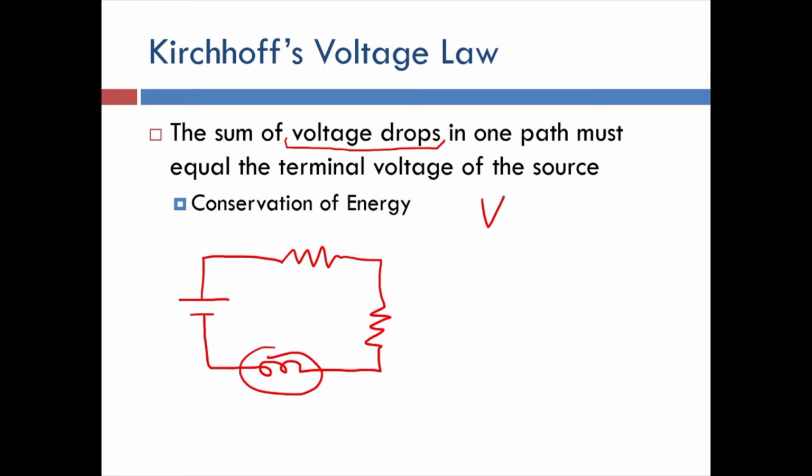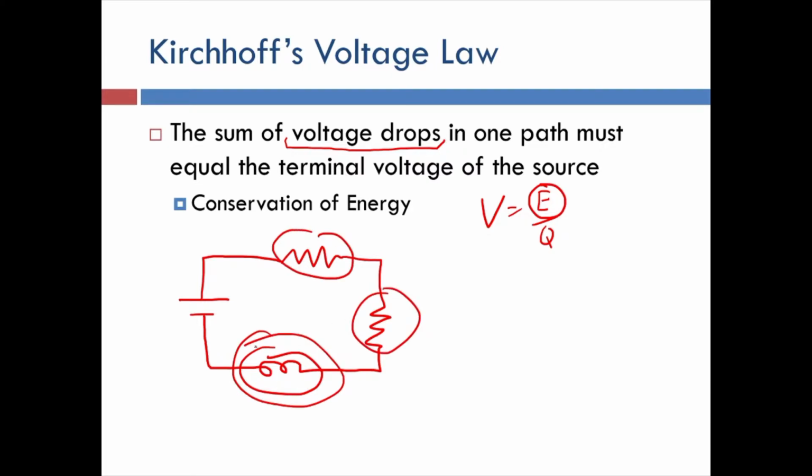So voltage being the amount of energy per charge, all of this energy has to be given to this component, and that component. Energy delivered at each component cannot exceed the amount of energy given by the power supply. So in reality, Kirchhoff's voltage rule is really just a conservation of energy.